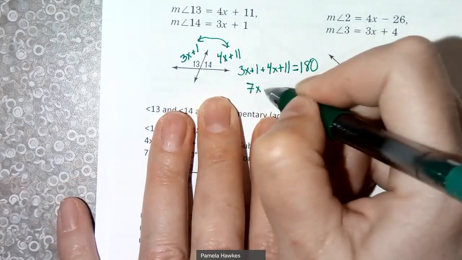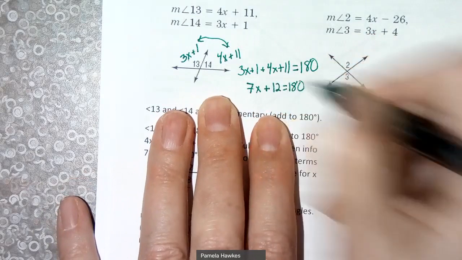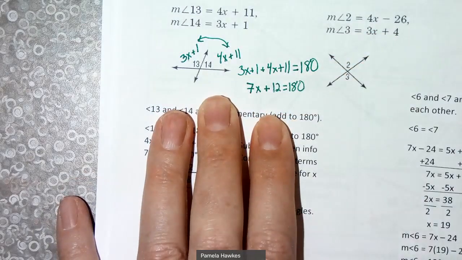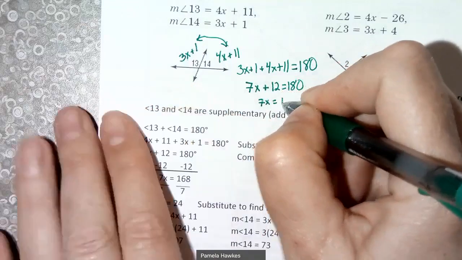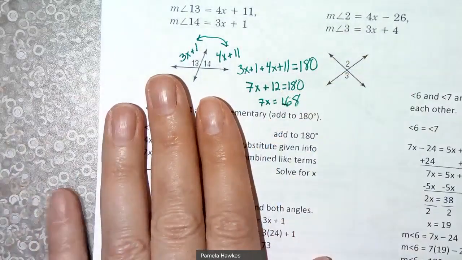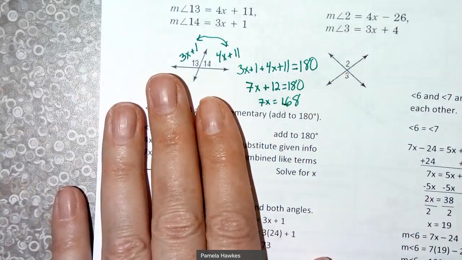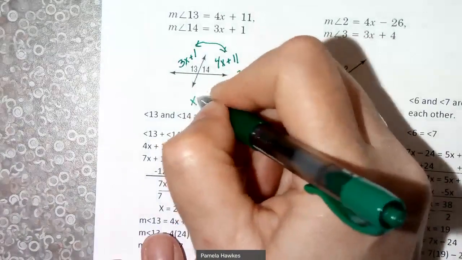7x plus 12 equals 180. Then what? Minus the 12, so I get 7x equals 168. Then what? And I get x equals 24.